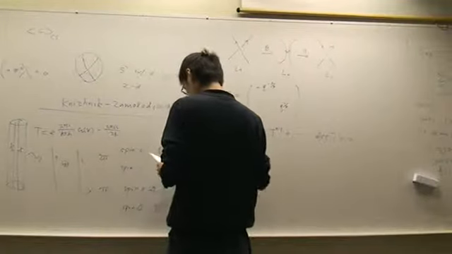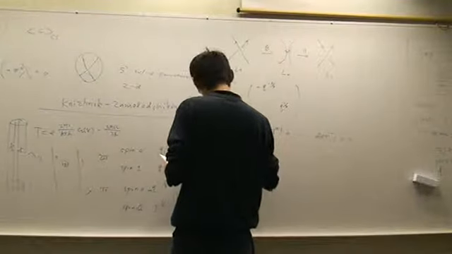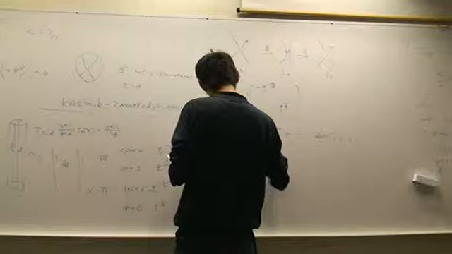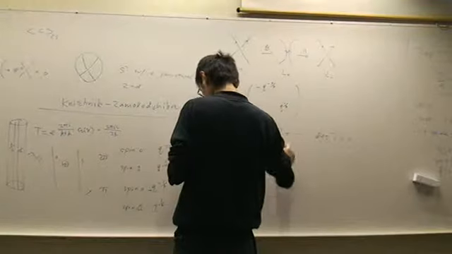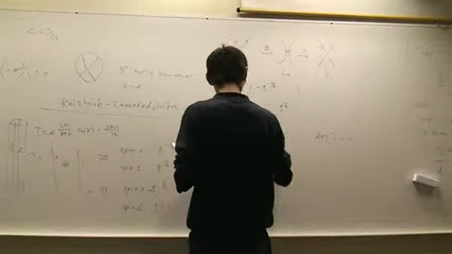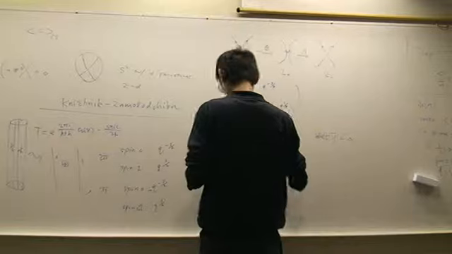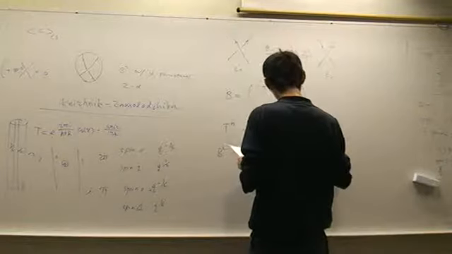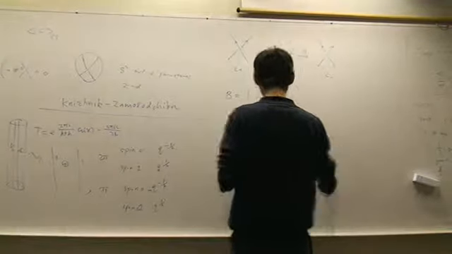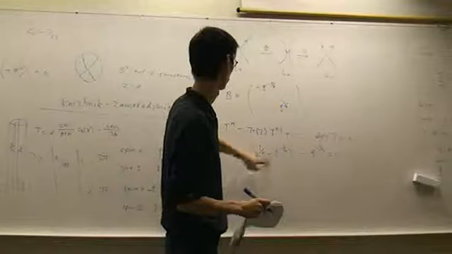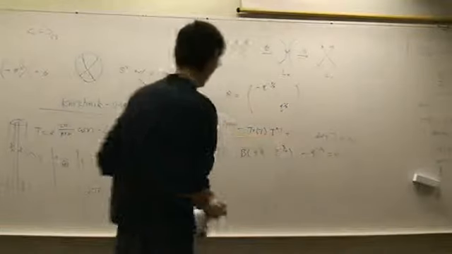B squared minus this, which is the sum of these two eigenvalues, plus this, which is the determinant.